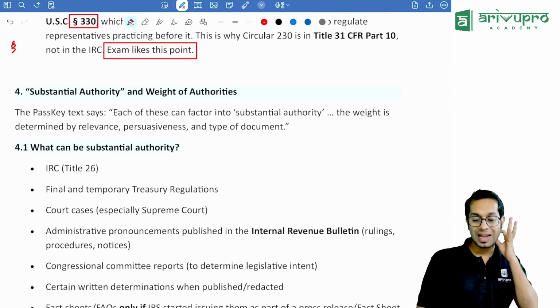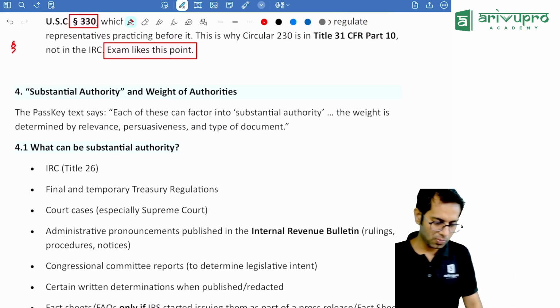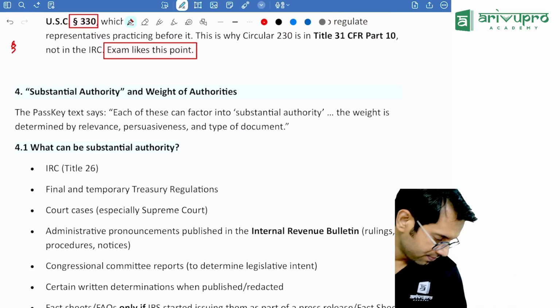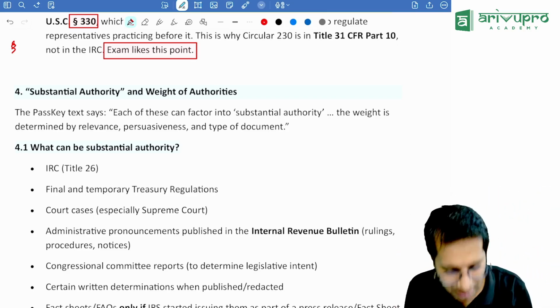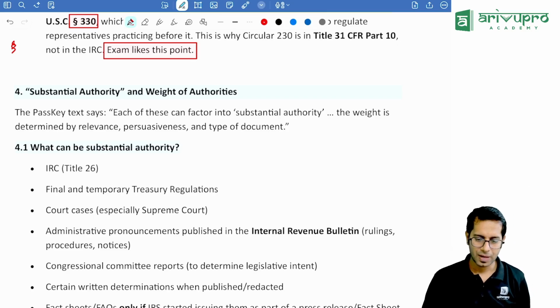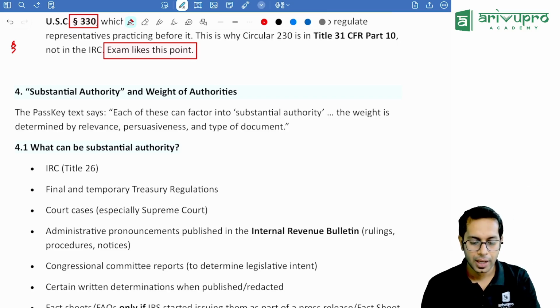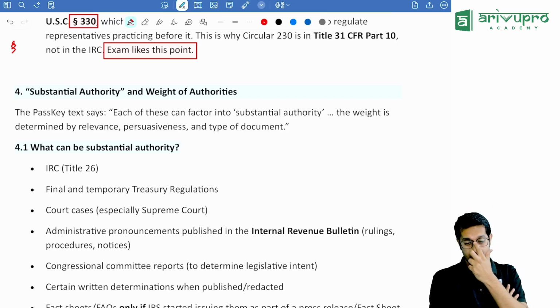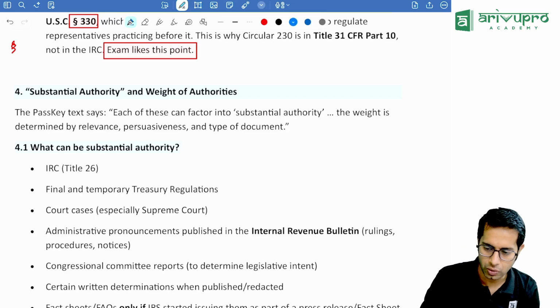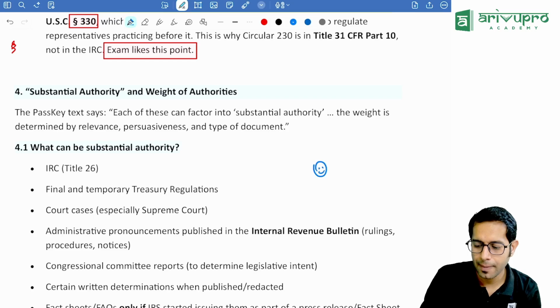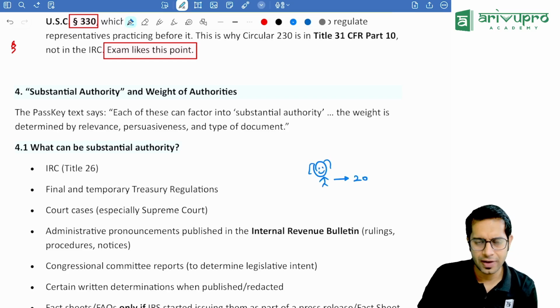Substantial authority and weightage of the law. Now this is also a beautiful point. The next point which you have to understand. See, this is a very basic topic which we are studying in this point. Now substantiality and weightage of authority. For example, at your house, let us say you are a 20-year-old person, 25-year-old person.